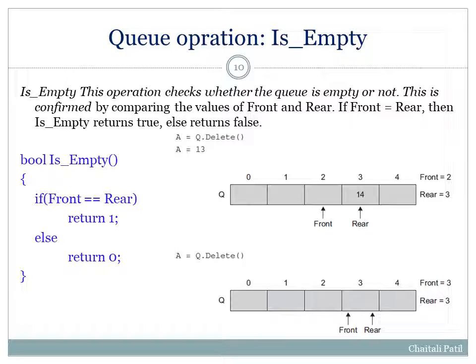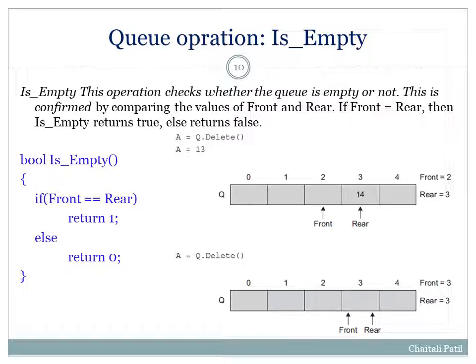Now the delete operation is performed. In the delete operation the front pointer will be incremented. Front pointer is currently 2, so front will become 3 and it will return this 14 value as the output of this delete operation. It means we have deleted 14 from the queue. After this delete operation, both front and rear point to location 3.